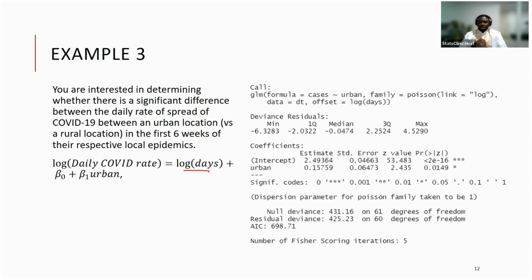So you then have results that look like this. Who can tell us what this is? Is this a beta 1 or beta 0? Anyone else who hasn't spoken today, is 0.1615759 the beta 1 or the beta 0?